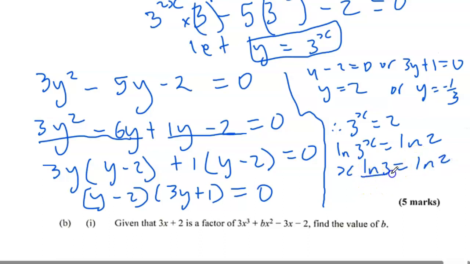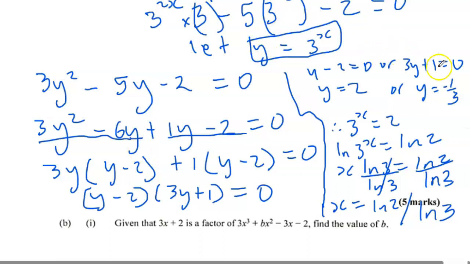To solve for x, we can divide both sides by log 3, which means that x will be equal to log 2 divided by log 3.